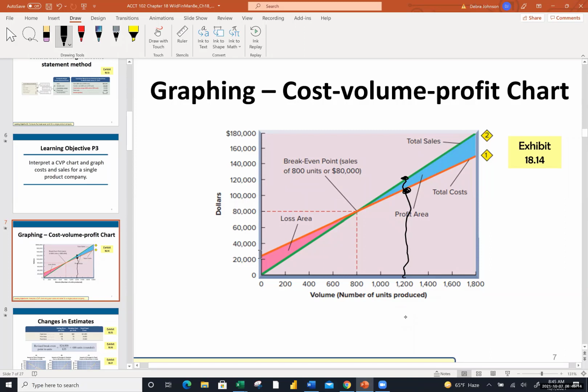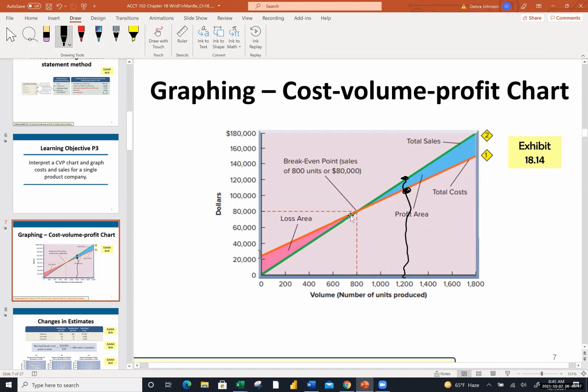So sometimes owners and directors and officers don't like to see a whole bunch of numbers. They would prefer to see it graphically. That's where this comes into play. And so they could go up to the 1,800 mark here. Any place over the relevant range, they can measure the profit by looking at the distance between those 2 lines. Okay, and of course, if we make under the break-even point, we could also measure our loss.